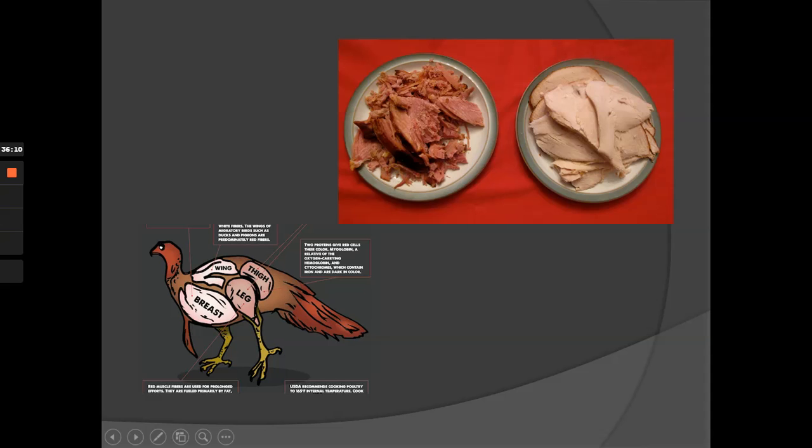Turkeys, do they do a whole lot of flying around? We know they walk a lot, but do they fly a lot? No. You see them gliding sometimes, but that's not their main form of getting around throughout their life. So their breast meat doesn't have a whole lot of myoglobin as a result.